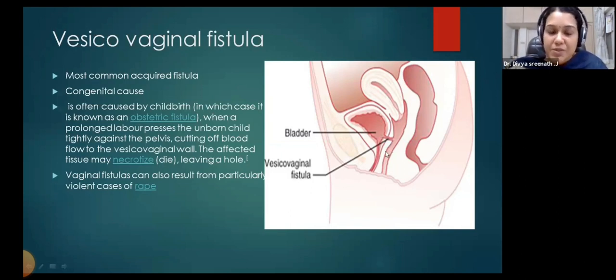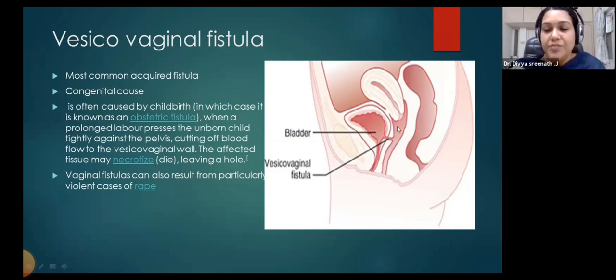If the patient complains of constant secretion from the vagina with a urine-like smell, and you suspect a vesico-vaginal fistula, the test is like this: you have to put cotton balls in the vagina, three cotton pads, in the upper one third, middle one third, and lower one third.